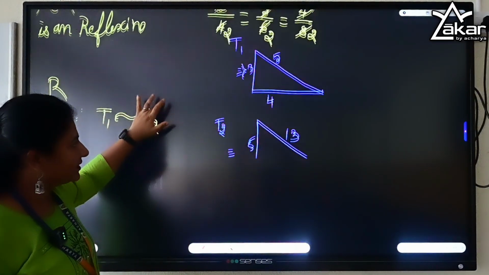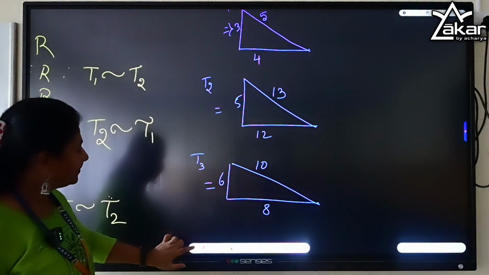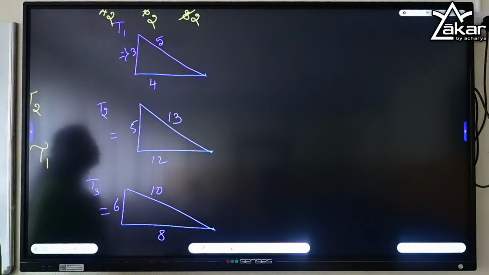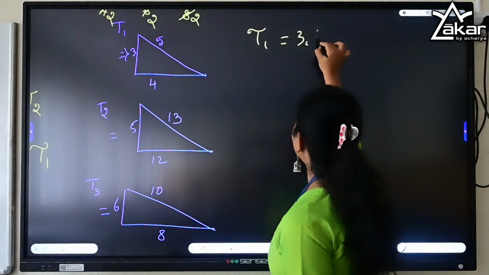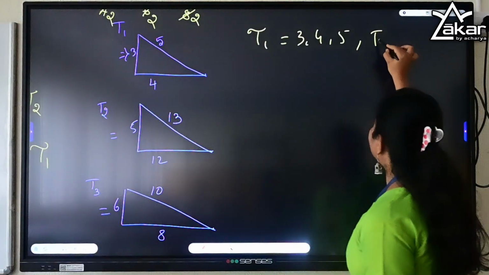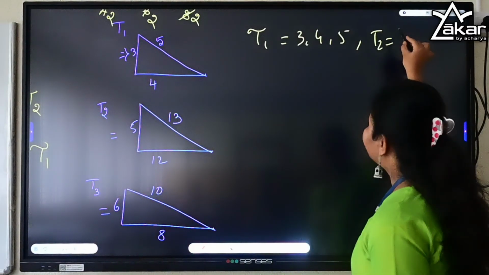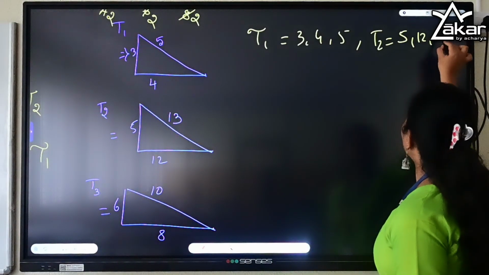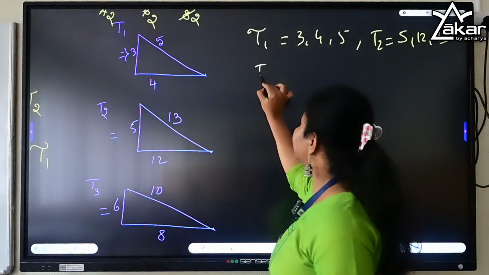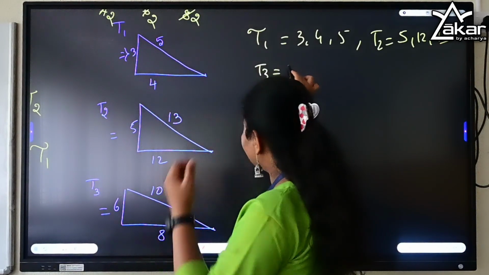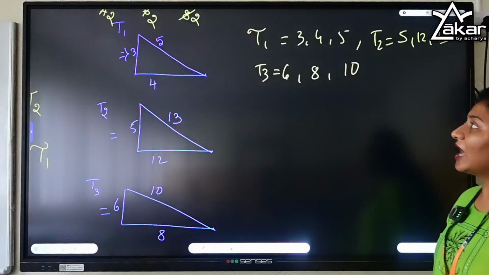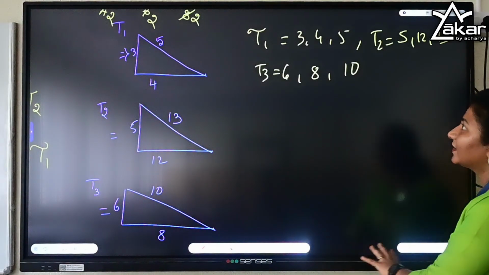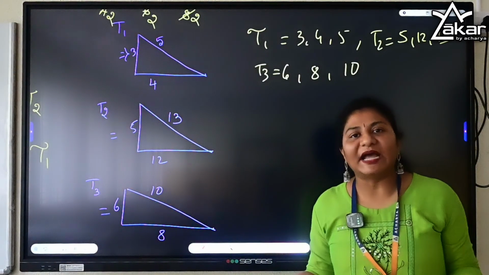Let us consider the three triangles that have been given. T1 has the sides 3, 4, 5, T2 has the sides 5, 12, 13, and T3 has the sides 6, 8, 10. How can I arrange these triangles by value?